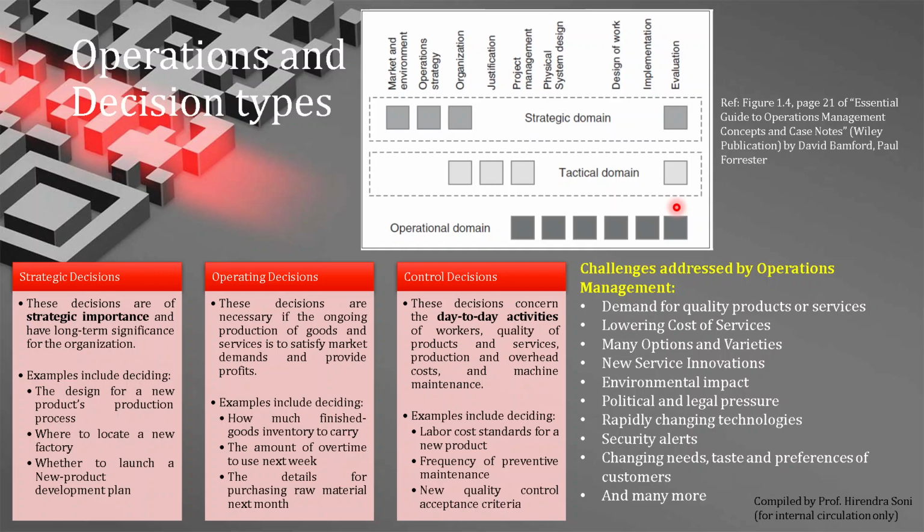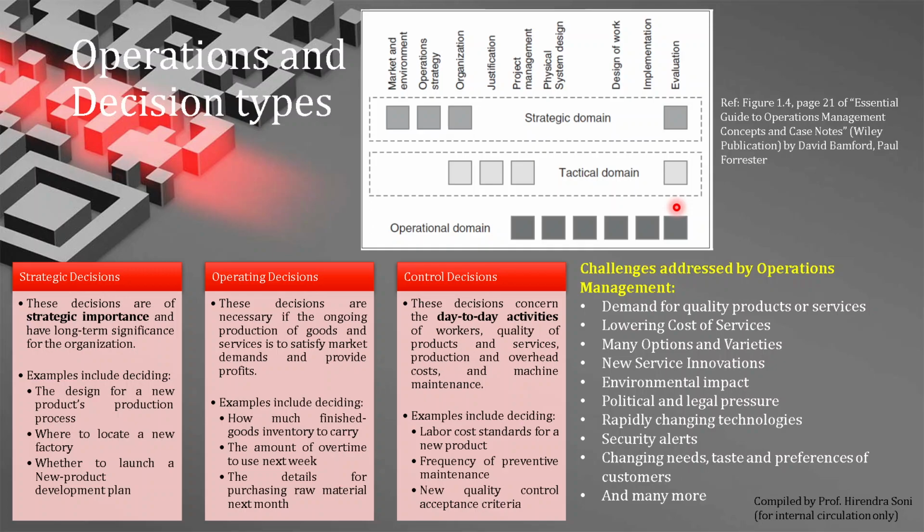Operations and decision types. Here, 3 different types of decisions can be looked at, or rather at 3 different levels. One is at the strategic level, tactical level, and operational level. Strategic level is very much at the corporate level.